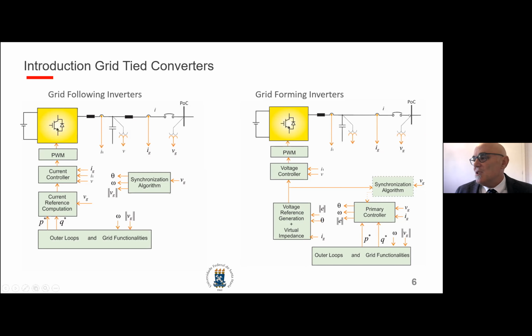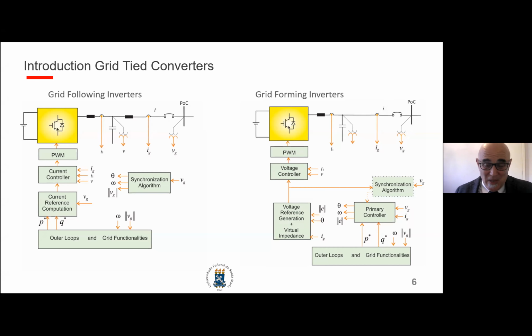So the idea is to synthesize the voltage at the POC. And since the converter does not have as large an inductance as we have in a synchronous machine, we have to synthesize this inductance if we want the droop characteristics of a conventional synchronous generator. So often you have to introduce some virtual impedance. It can be resistive, it can be inductive.